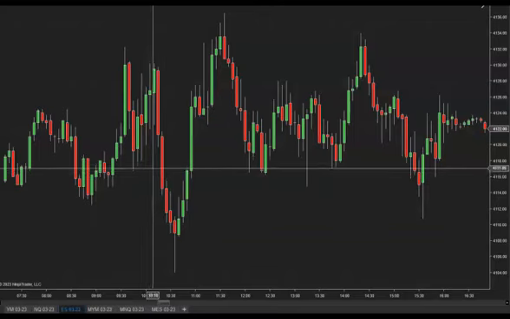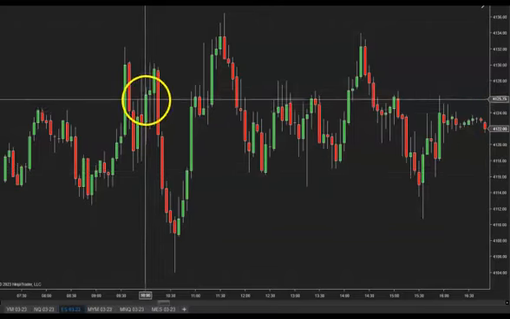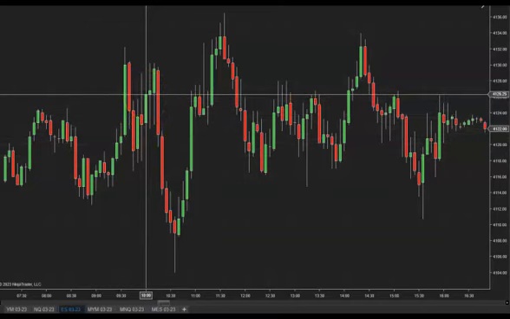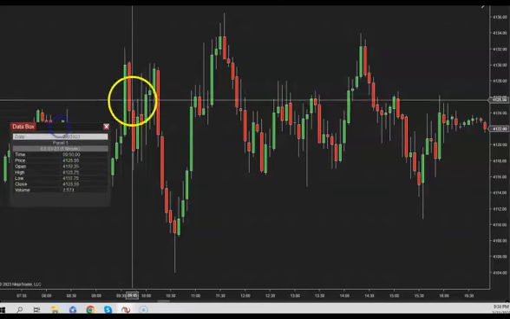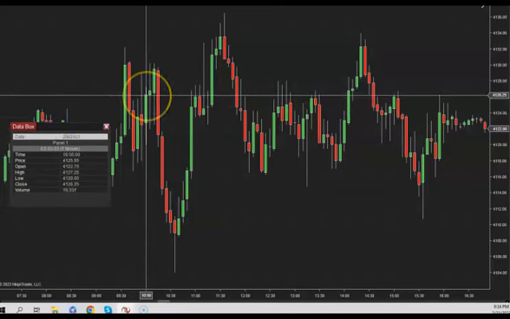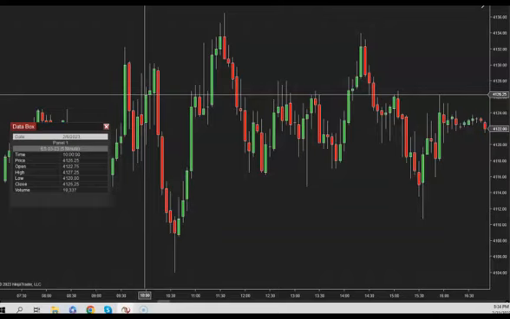So in this case, at 10 a.m., it was right here, right around 41.26, 41.26 and a quarter. That is actually down about 22 points for the day at 10 a.m. So this would be a sell trade.